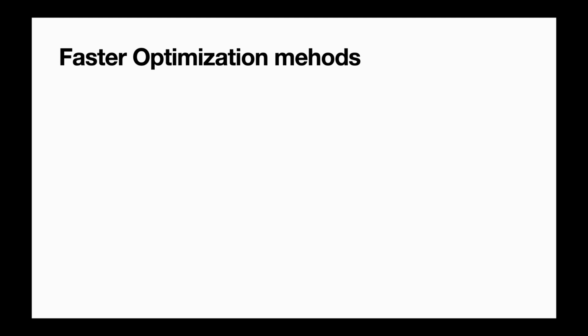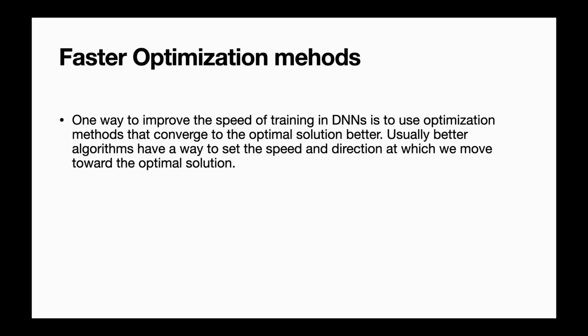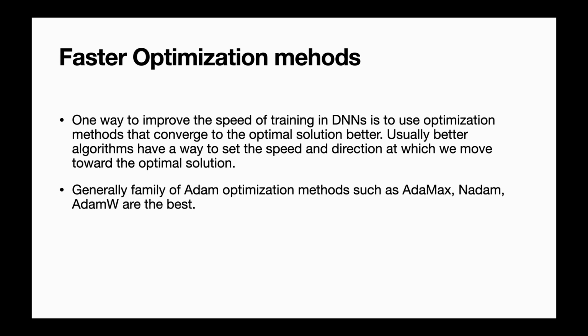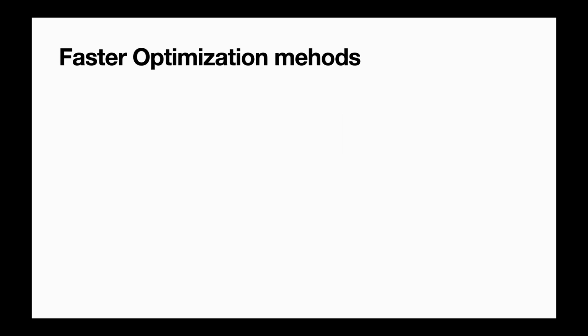That book that I told you about in the beginning of the lecture goes through many of the mathematical details. But what I want you to keep in mind, because this is the standard type of optimization algorithm people use, is that usually Adam optimization methods such as AdaMax, NAdam, and AdamW are the best ones to use, and you just play around with them and you're done.